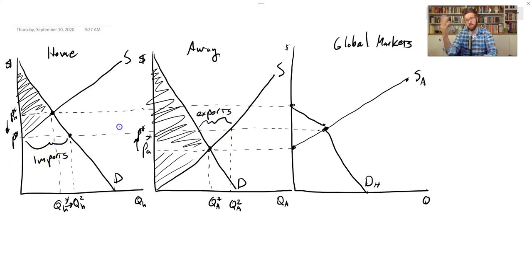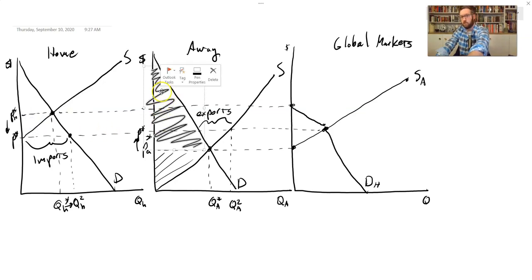So the exports should exactly equal the imports at this new price. And what's interesting is that we can see that this has a large effect on the gains from trade. This has a large effect on the producer surplus and the consumer surplus of these two guys.